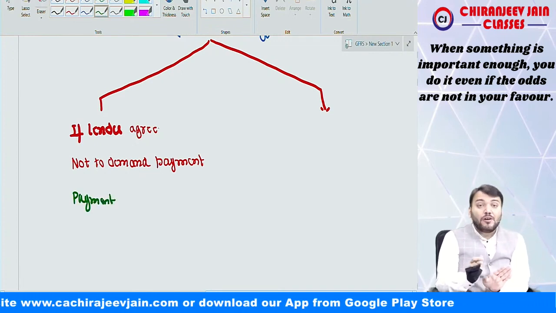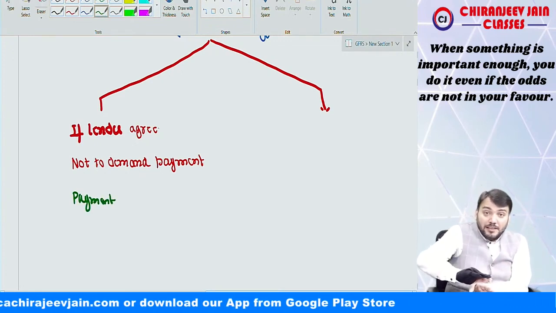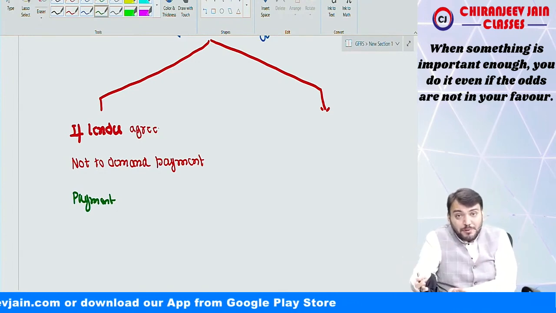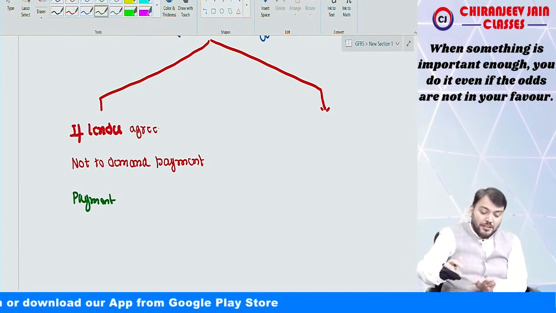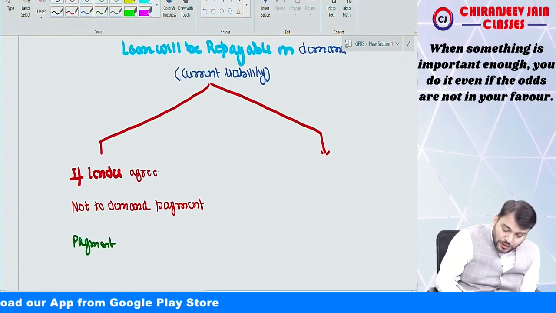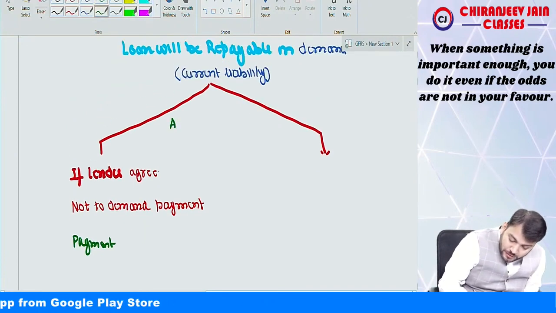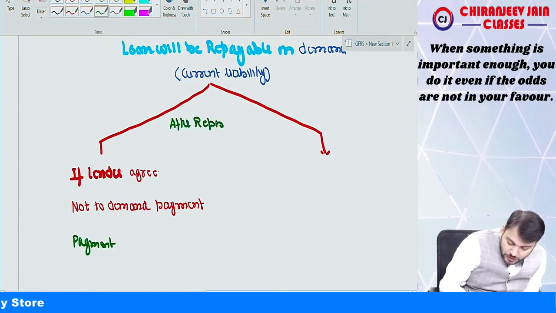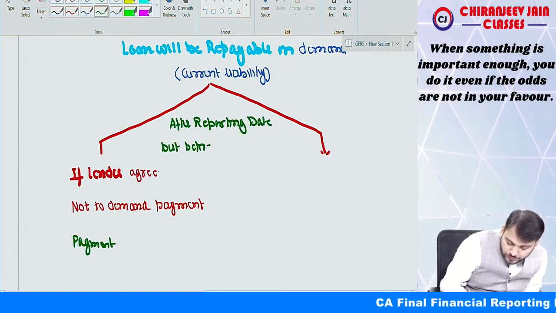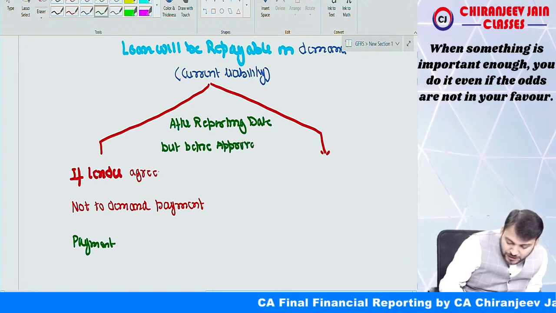So if the lender agrees not to demand payment after the reporting date but before approval of the financial statement.